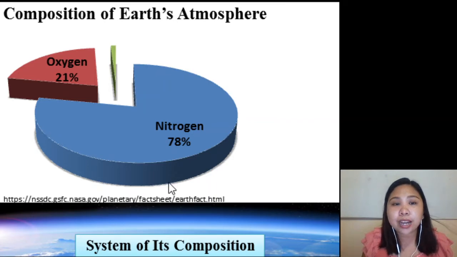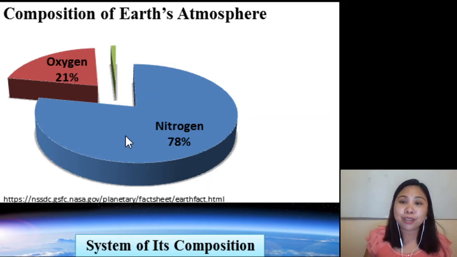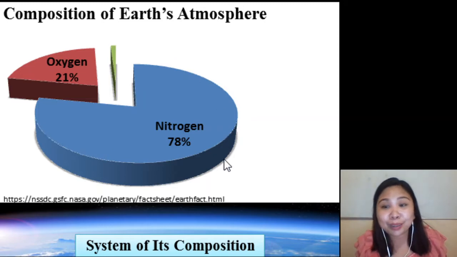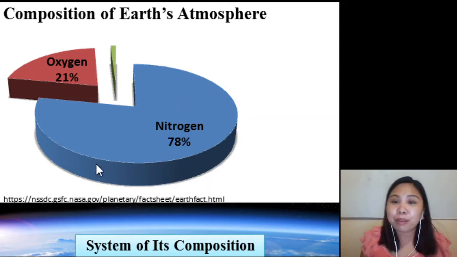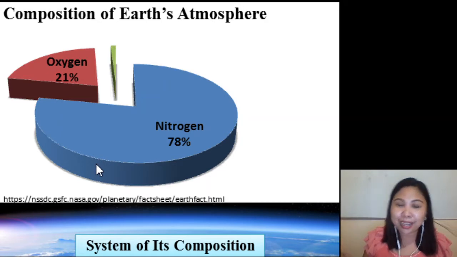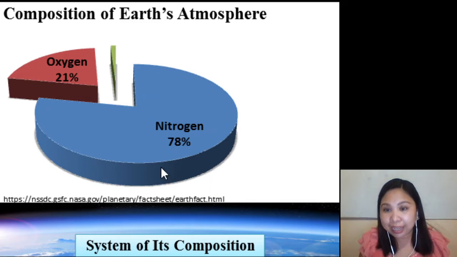Our atmosphere is made up of 78% nitrogen. Okay, remember nyo doon sa biogeochemical cycles. So etong nitrogen na ito, kailangan niyang mag-undergo ng several chemical reactions para maging readily available for plants and animals. Okay? 78% of our atmosphere is composed of nitrogen.